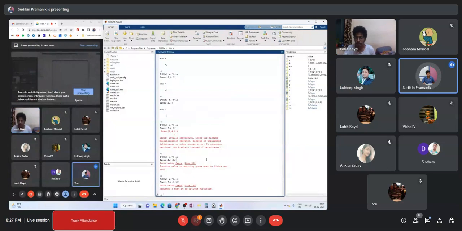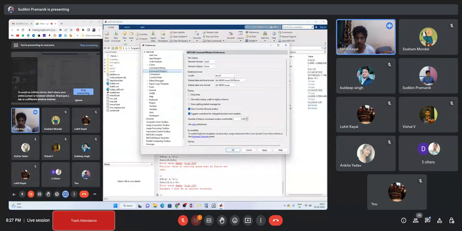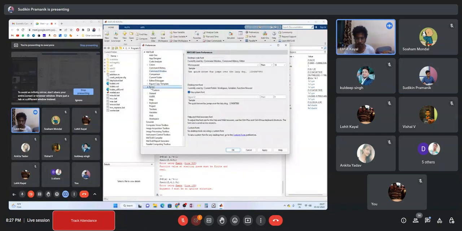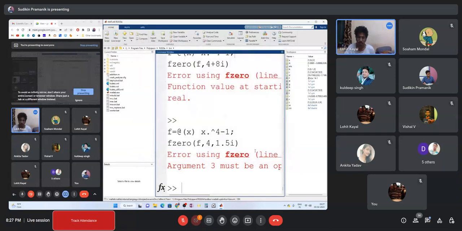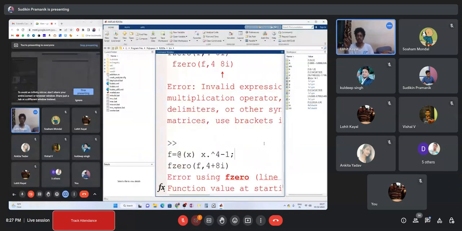Sir, I don't know how to increase the size. I have no idea regarding that. Once again, go to preferences. Yeah, you see there is a font size on the left. Go to the left, you will find a font. Make some bigger font, 20, 25, anything.